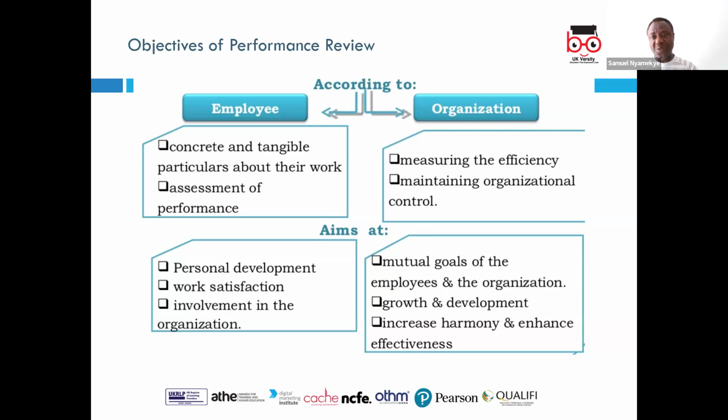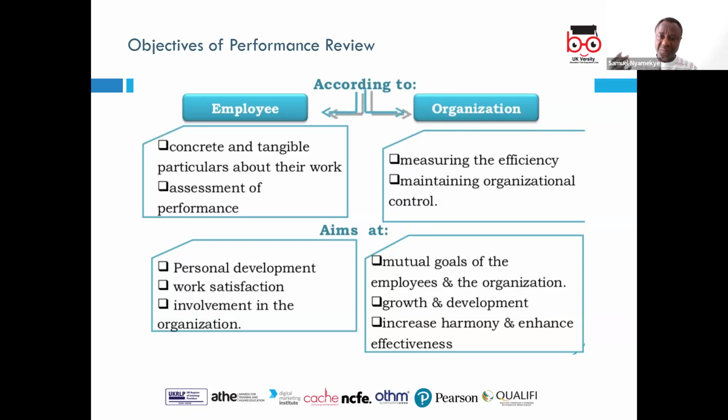The company obviously will look at the overall efficiency of how things are done and how they want to control the whole organization to bring out the best in them. When it comes to the personal side, your aim is to look at how you can develop your skills for the future, how you can have job satisfaction, and how you can get involved in the things that the organization is doing.